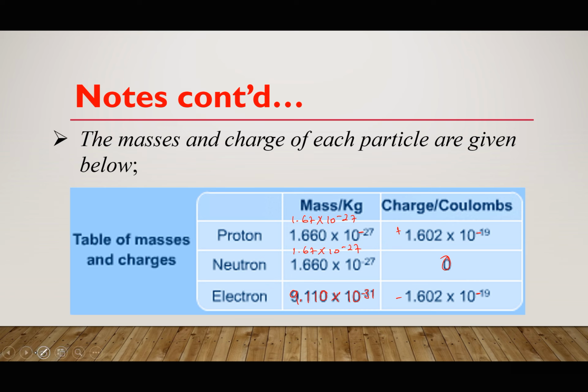We should be aware of these values, although the masses and charges are always quoted in the list of constants.